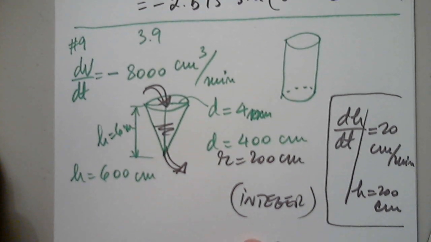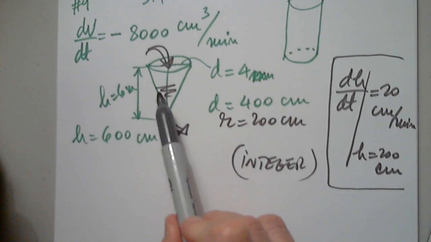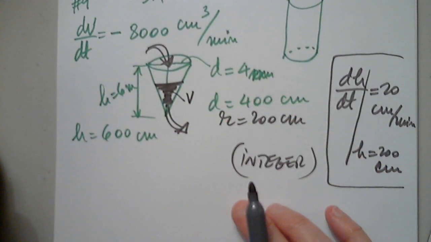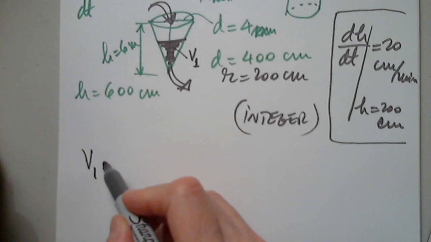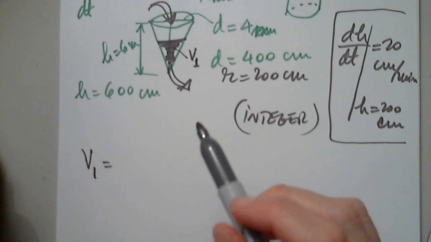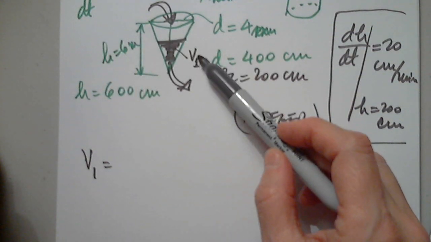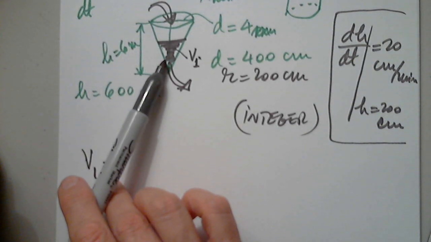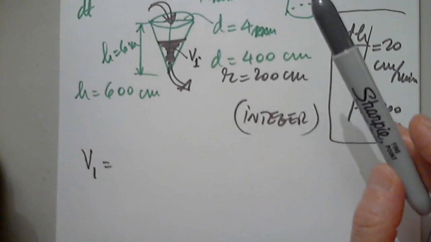Okay. So the volume of water here at a particular instant, I'm going to call it V1. So V1 at any instant is the volume of water existent in the tank minus what is coming out. This is very interesting.